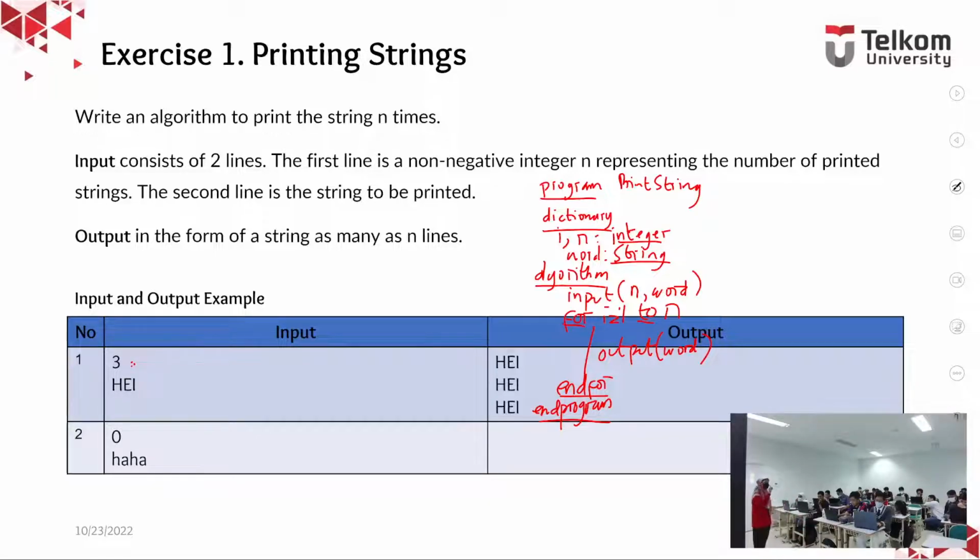Okay, so what you should remember are the elements of this loop: the counter, when to start, when to stop, and then the action. What is the action that should be executed?